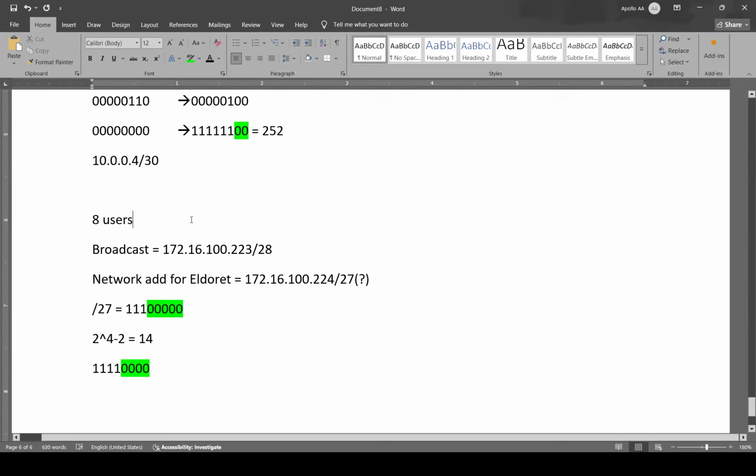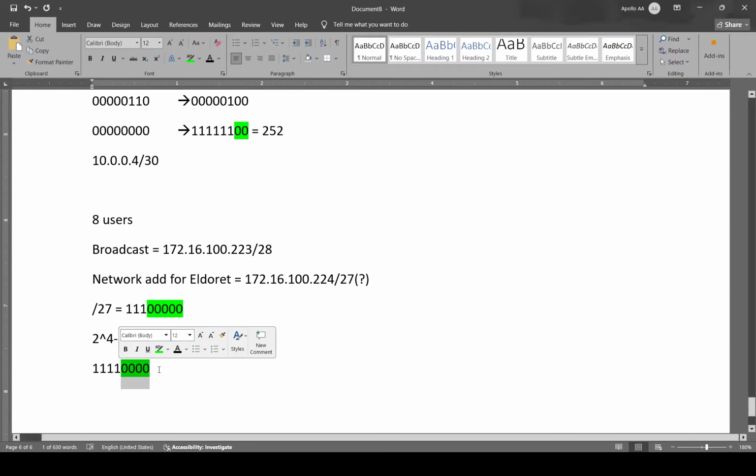The answer is yes. What do we do then? We convert one more host bit to a network bit. And that is what we have done here. We've said this bit has now become a network bit, and we are only left with 4 host bits.